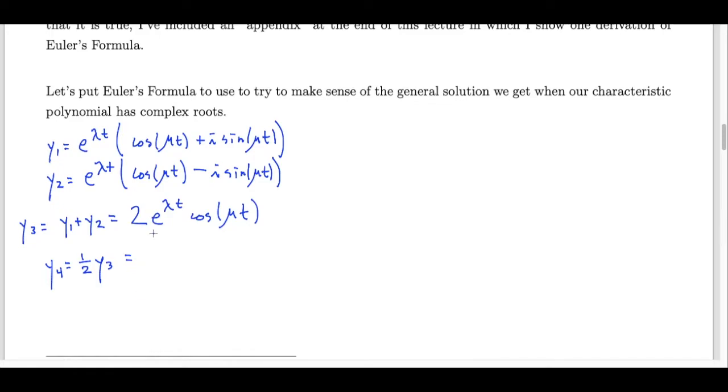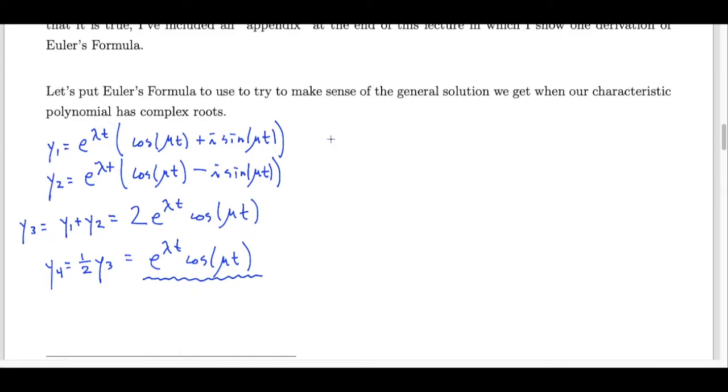If I multiply this by 1/2, I simply get e to the lambda t cosine of mu t. This is pretty nice. It's a pretty simple function. And notice this does not have i in it, like we said was a problem with my y sub 1 and y sub 2.